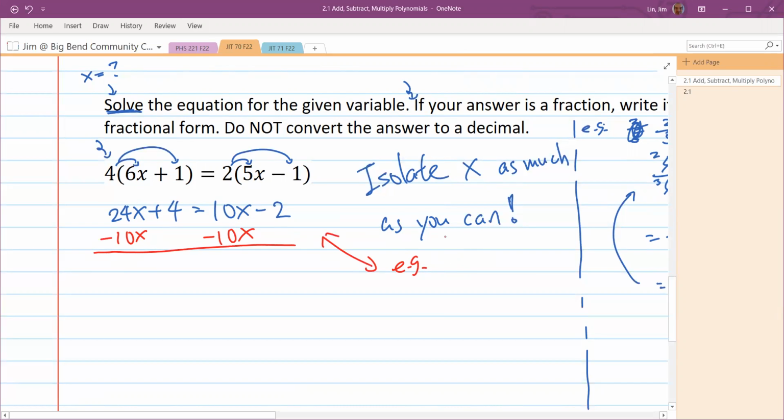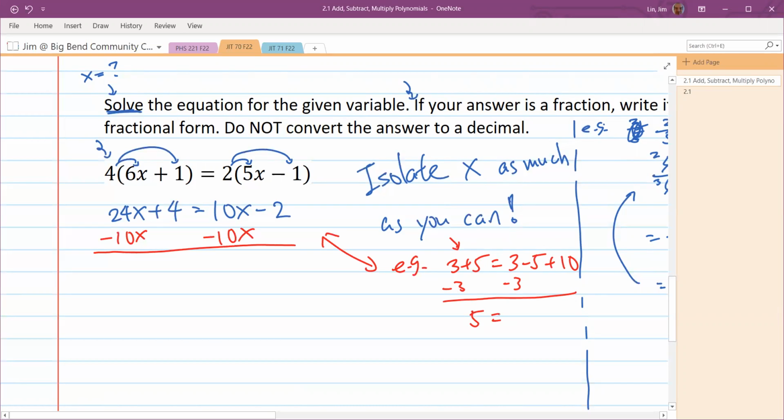In case you're not understanding why this works, I can show you. Let's say we have 3 plus 5 equals 3 minus 5 plus 10. So let's say I subtract both sides. This is the right equation. If I subtract both sides by 3, then what do I get?